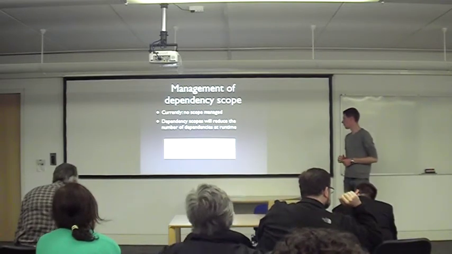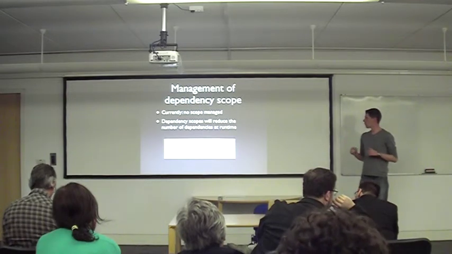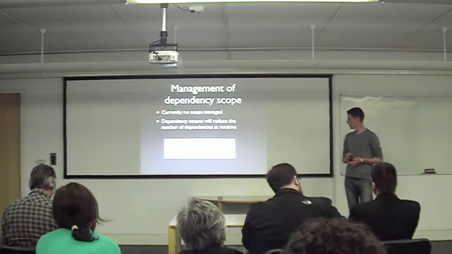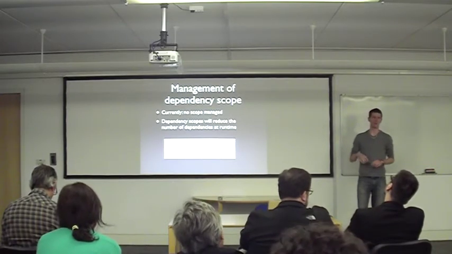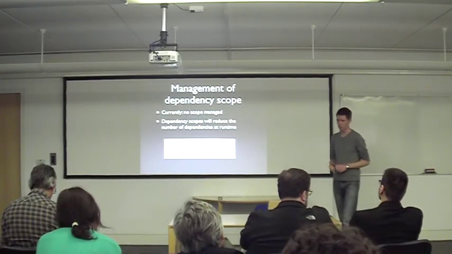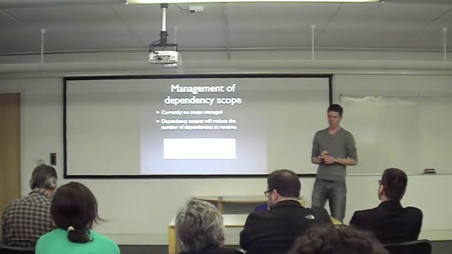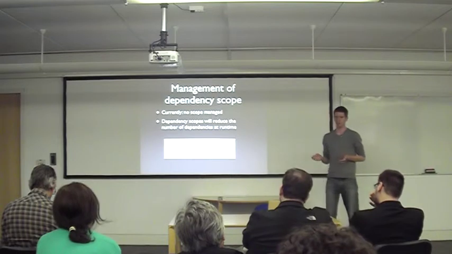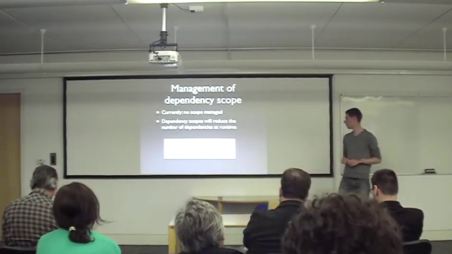So it is not the same dependency. So we could define runtime dependency, test dependency, and also development dependency, if you need some tools to develop your software. Why is it useful? It will reduce the number of packages you have to load at runtime.